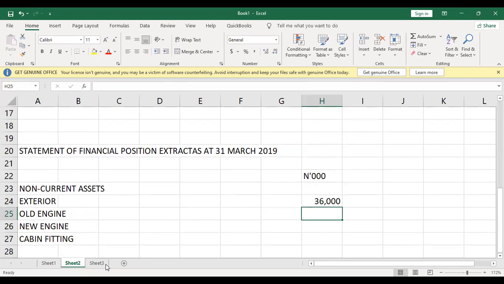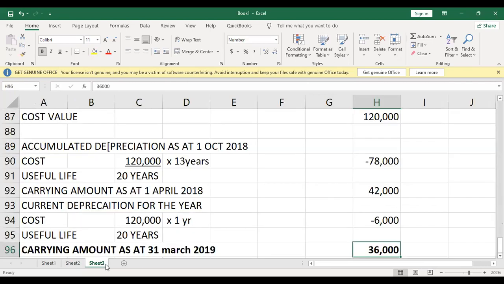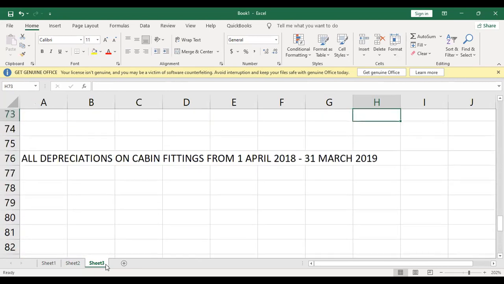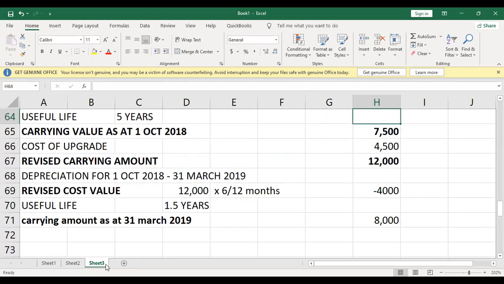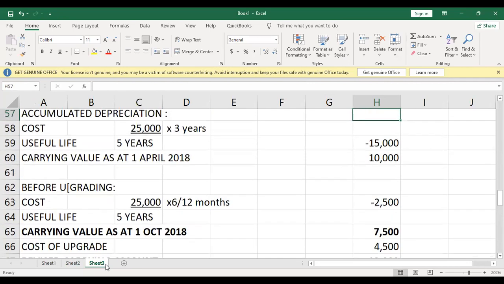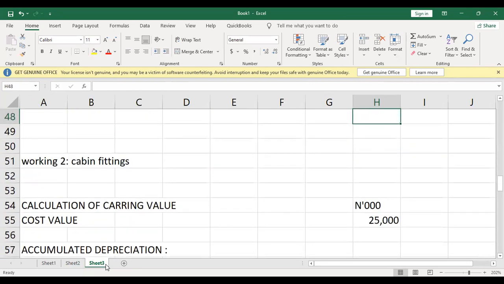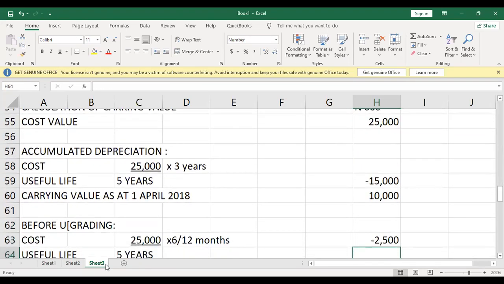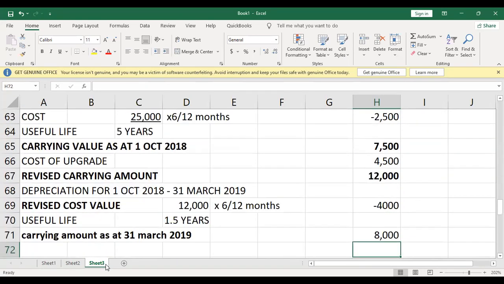Then old engine and new engine. Let's take cabin fittings first. The carrying amount for cabin fittings as at 31st March 2019 is 8,000.